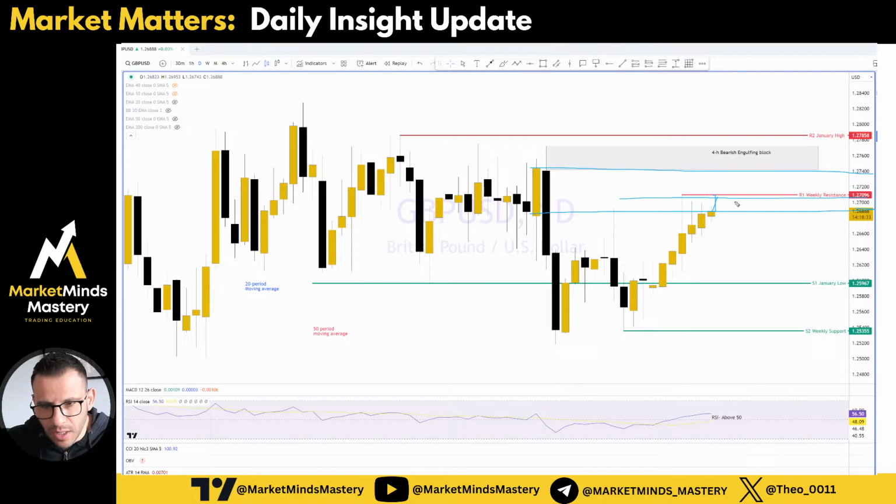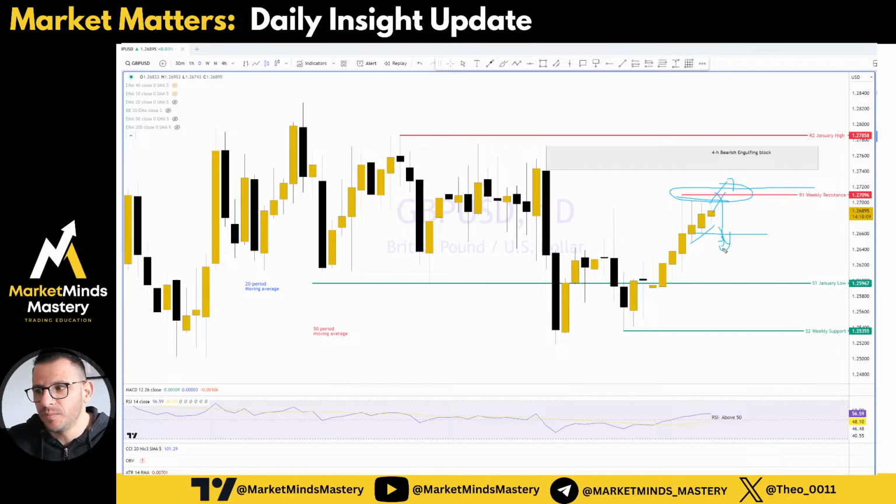Next one. If the price now comes and taps into this weekly resistance and doesn't sell off, maybe we're going to see a nice bearish engulfing develop to the downside. But again, the market is congesting and compressing, and a breakout either to the upside or to the downside is going to create a significant amount of volume and volatility in the market.